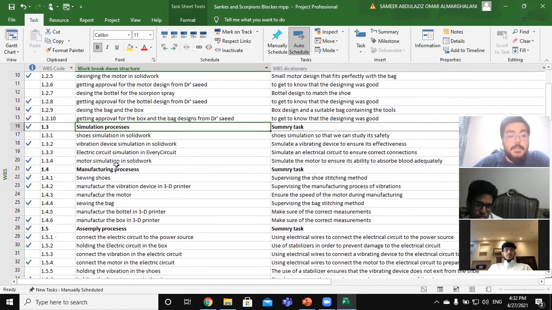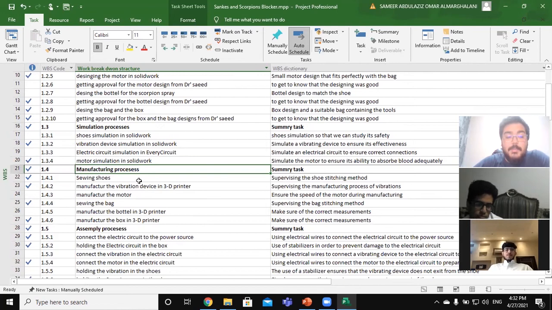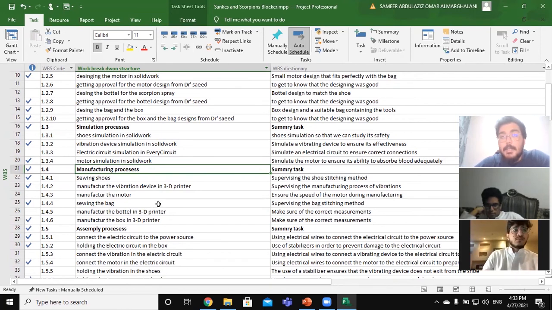Then the fourth part, which is the manufacturing process, and under the manufacturing process we have many parts like sewing the shoes, manufacturing the vibration device in a 3D printer, and manufacturing the motor, also sewing the bag that will carry the electric circuit and any sensitive device.